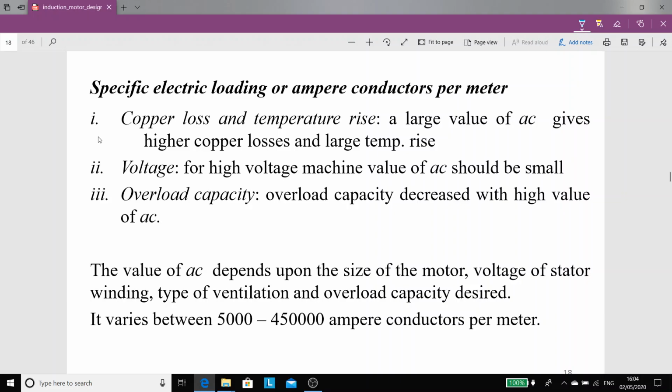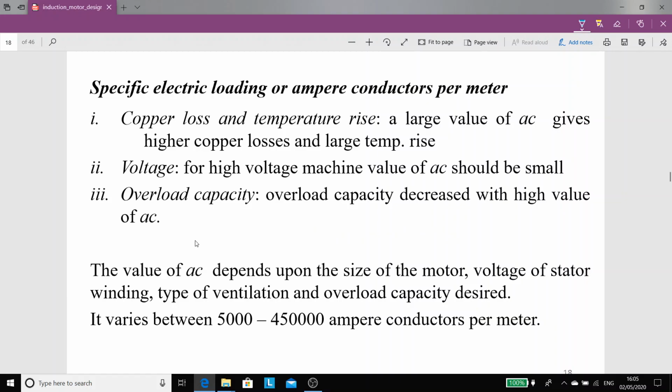The second factor that will affect our selection of electric loading is our voltage level. If the voltage level of a motor increases, then we need to decrease the value of specific electric loading. And the third factor is overload capacity. Overload capacity decreases with a high value of specific electric loading.